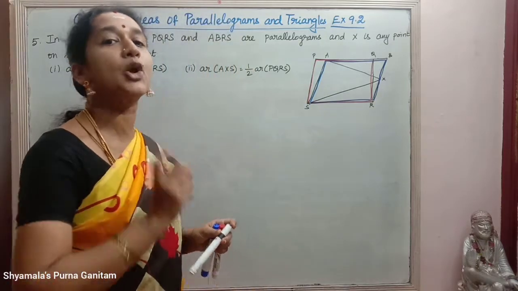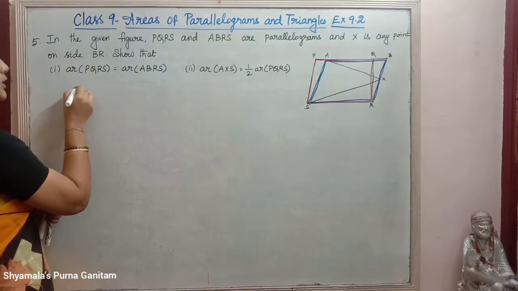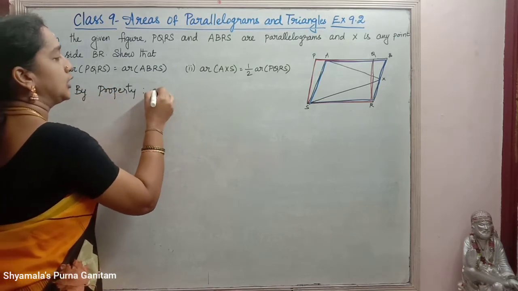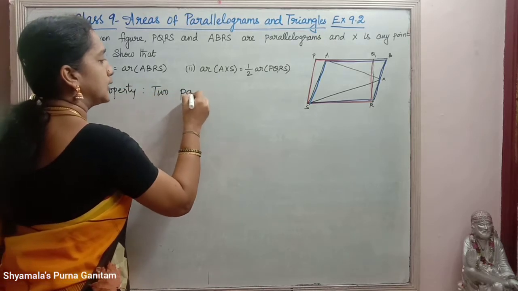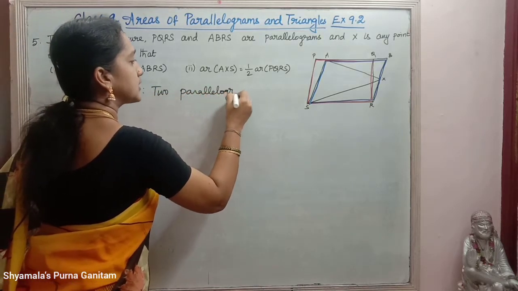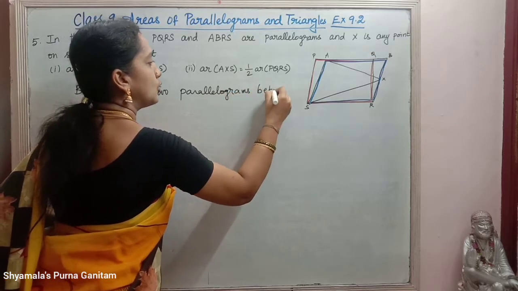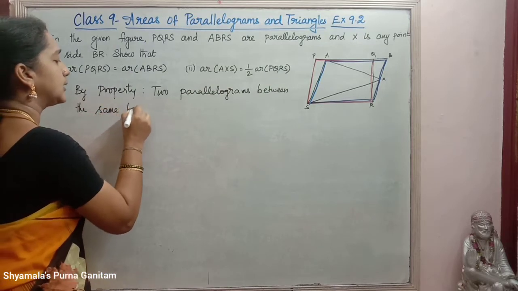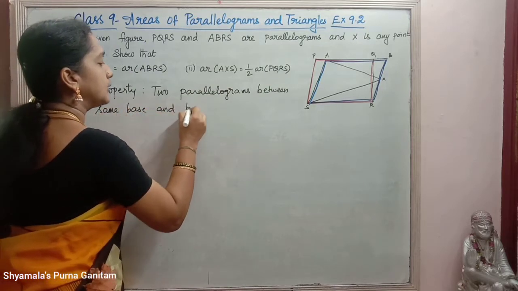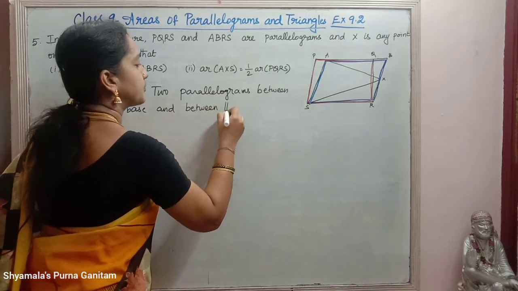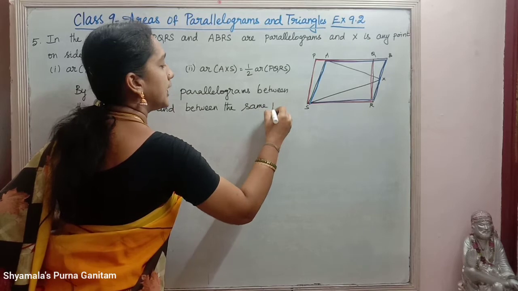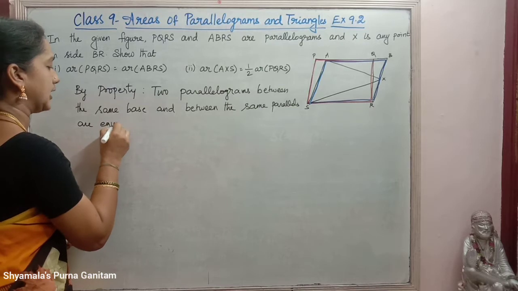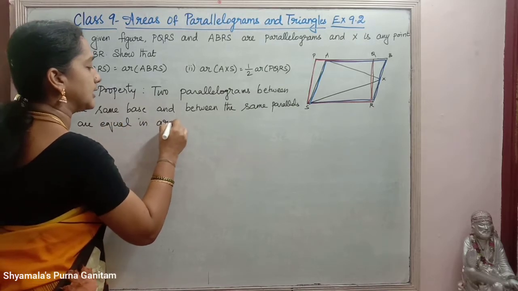So we need to write the property. By property, two parallelograms between the same base and between the same parallels are equal in area.